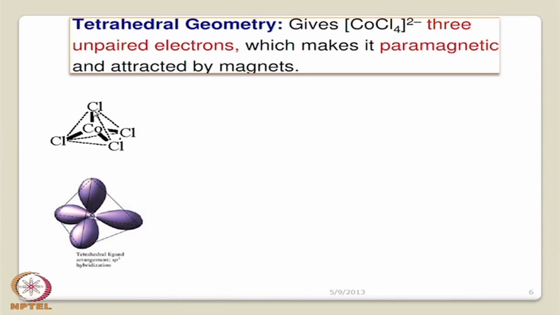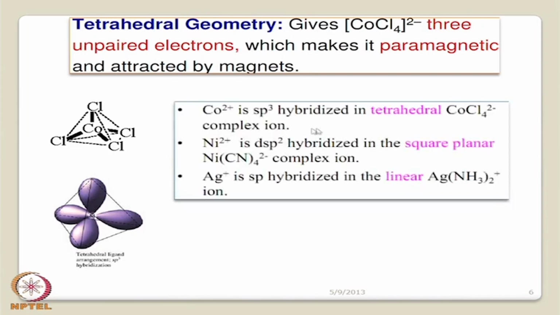So in the MCl4 species, this chlorine, this chlorine, this chlorine and that chlorine will be occupying the 4 alternate corners of a regular cube geometry. So we have 4 sp3 orbitals available on the cobalt, and they will overlap with the corresponding filled chlorine orbitals for the donation of 2 electrons to these cobalt hybridized orbitals. Therefore, what we get is cobalt 2+ as sp3 hybridized in the tetrahedral CoCl4 2- complex ion.